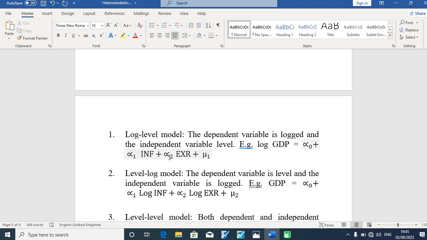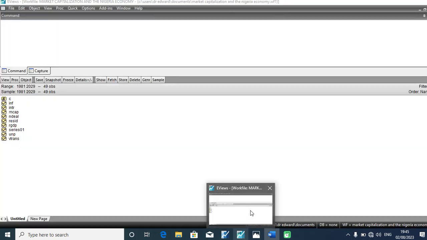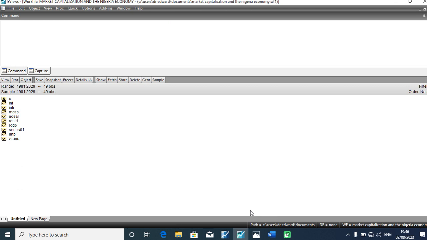So basically, let's go to our EViews portal. Let me teach you how we can resolve all of this computation using EViews. Recall in our last ARDL class, I adopted a study approach where we considered the impact of stock market variables on economic growth in Nigeria.